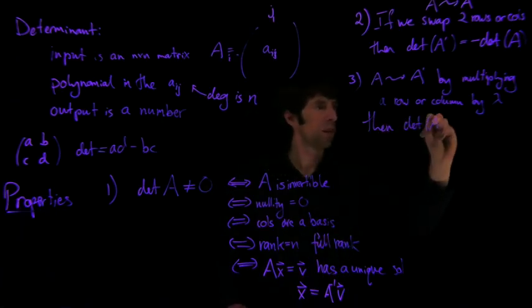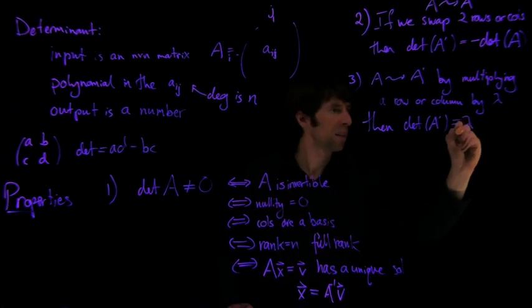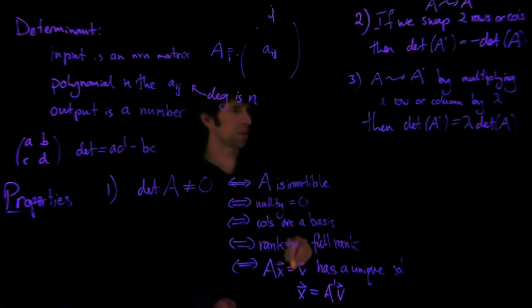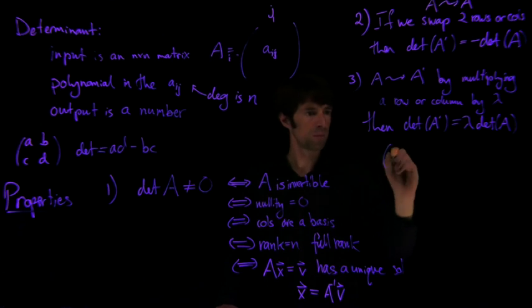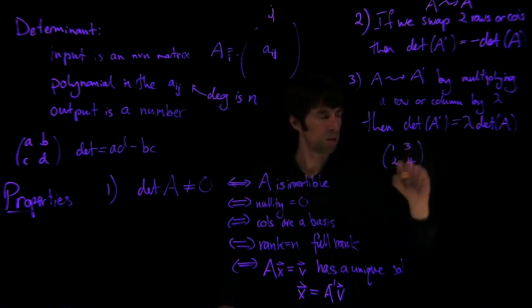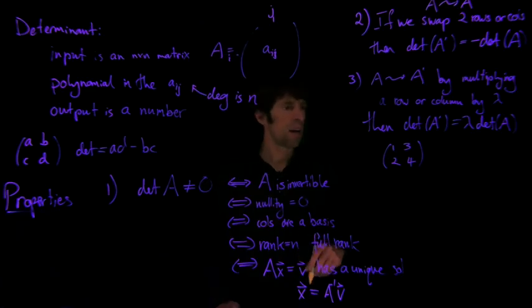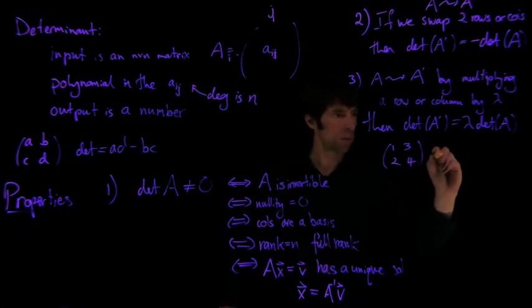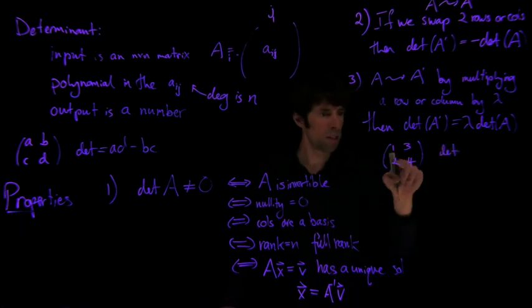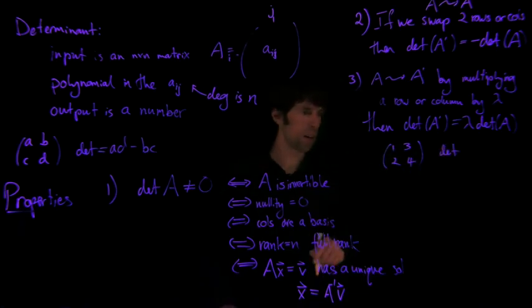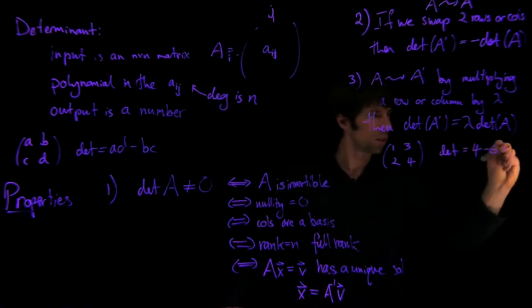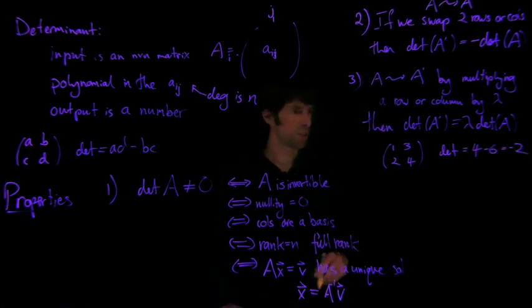So the determinant of the new matrix is lambda times the determinant of the old matrix. So for example, if I have 1, 2, 3, 4, and let's take the determinant of this. The determinant is 1 times 4 minus 3 times 2, so that's 4 minus 6. I get a minus 2.